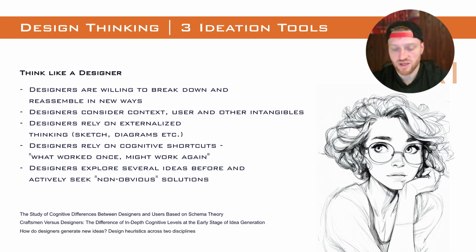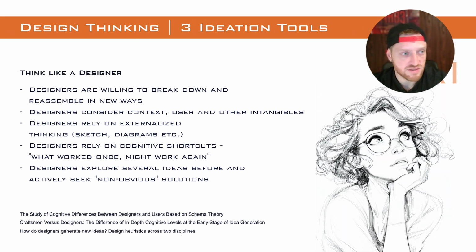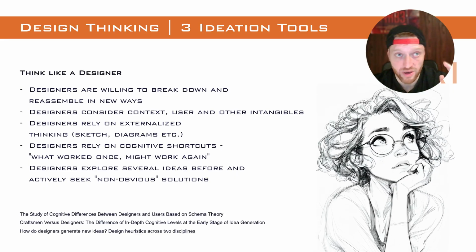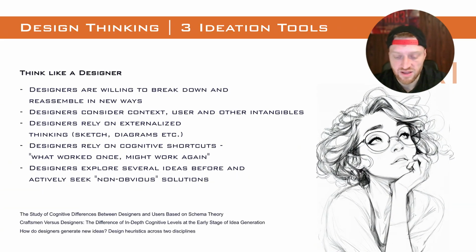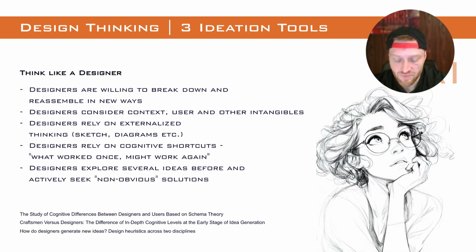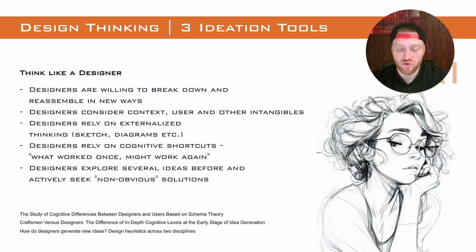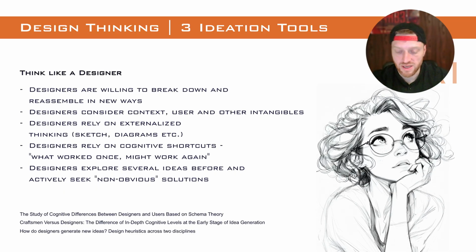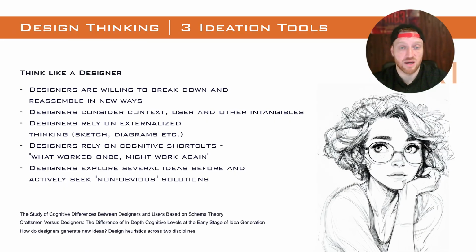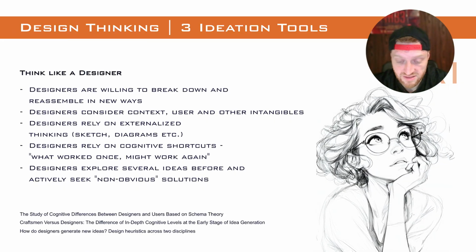And because we as designers have to do that on a daily basis, we are trained, we develop techniques, and also wired our brain in such a way that it more easily can use shortcuts that lead to more ideas faster and potentially help us create more original ideas and connect different domains. So how do designers think in general? Designers are willing to break down and reassemble things in new ways, right?